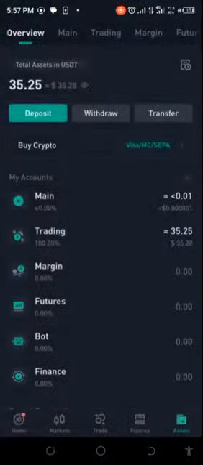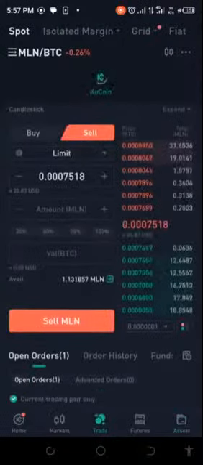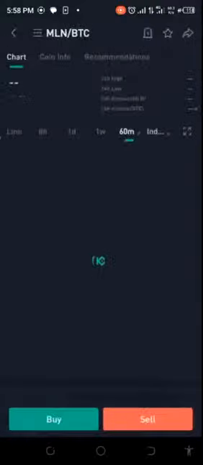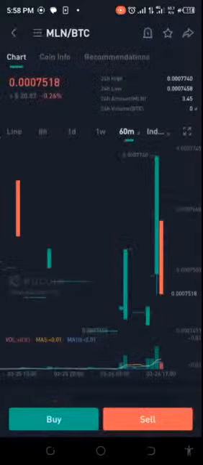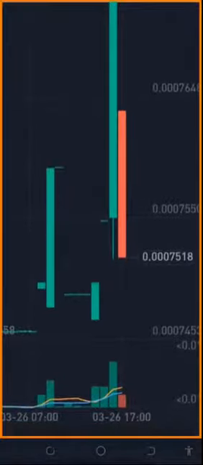So we're going to go over to trade now. When we do this, we're going to see everything here. Oh, wow. Can you see that MLN BTC has gone down? It was 774. Wow. Are we going to have to do a spot trade here?